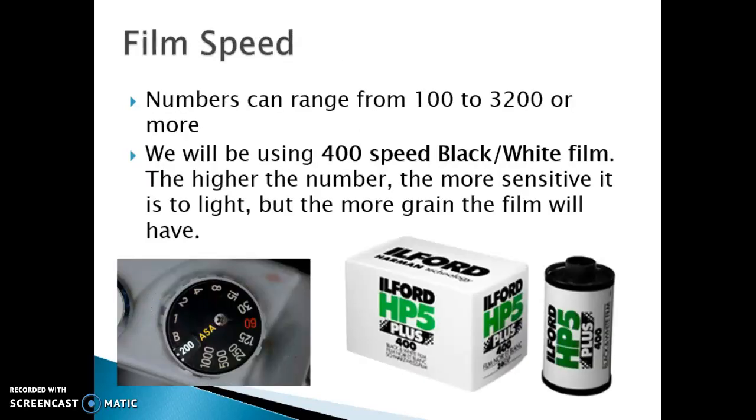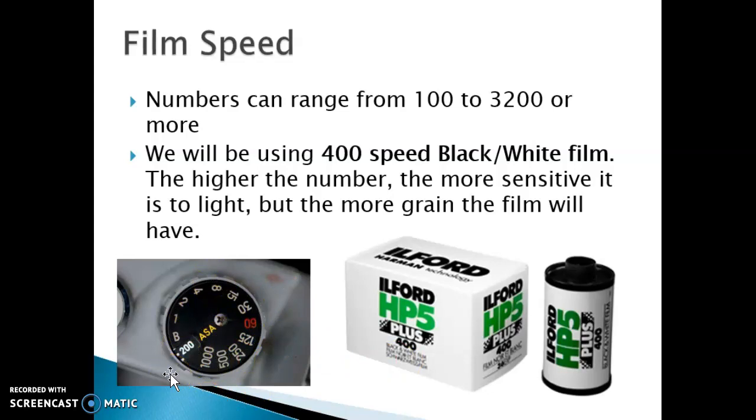So we should have already done this step where you were looking for wherever you had the ASA or ISO indicator, and this is just a graphic we got online, let's be honest. So you guys are actually using 400 film, okay? So make sure that you have set your camera to 400 film.